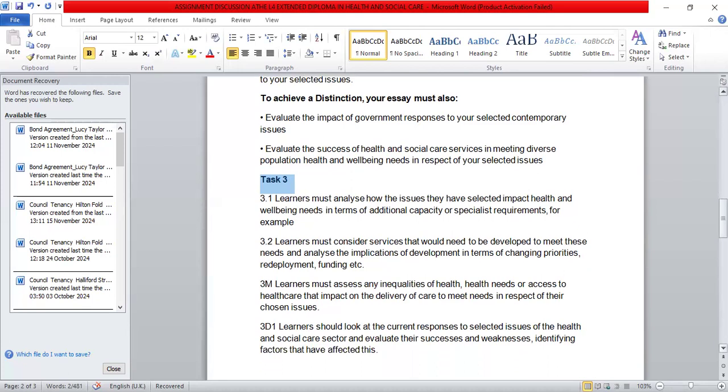So learners must assess any inequalities of health needs or access to healthcare that impact on the delivery of care to meet the needs of their chosen issues. For the distinction, learners should look at the current responses to selected issues of the health and social care sector and evaluate their successes and weaknesses, identifying the factors that have been affected.